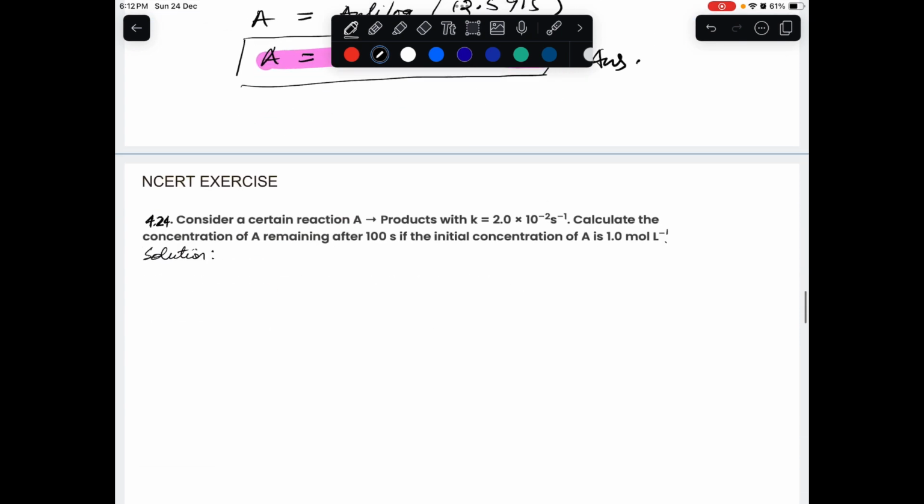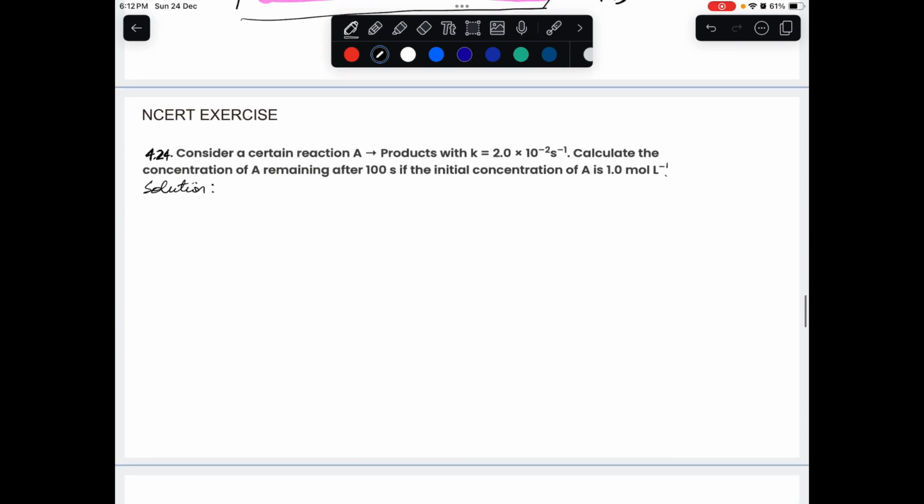Now question 4.24. In this question, consider a reaction A giving product with a given K value. Calculate the concentration of A remaining after 100 seconds if the initial concentration of A is 1 mole per liter. First we'll write down the equation: reactant A is converting into product, and the rate constant value is given as 2.0 into 10 raised to the power minus 2 per second.